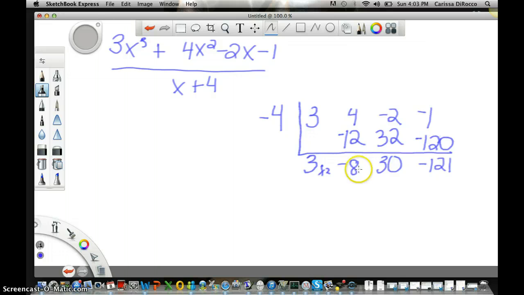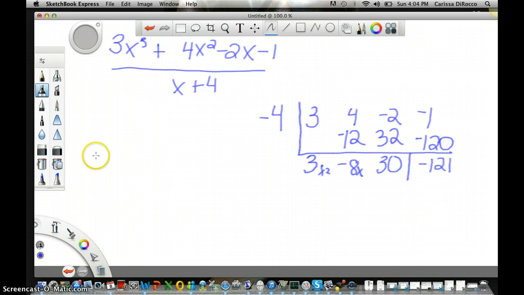Therefore, the next number, which is negative 8, is really the coefficient to the x. The last number will be the constant, which is 30. Therefore, the negative 121 is actually the remainder.